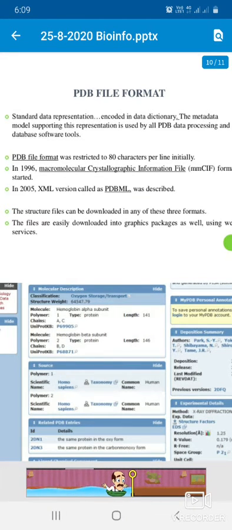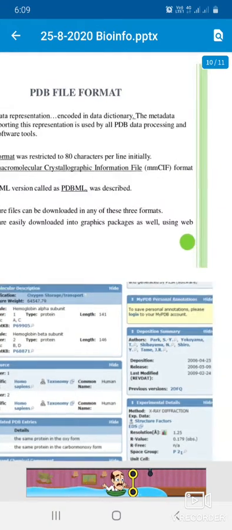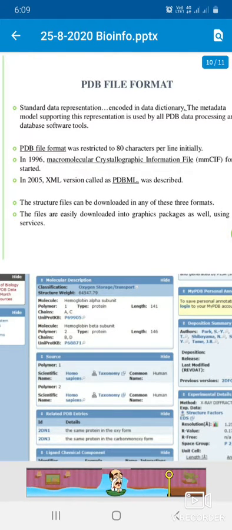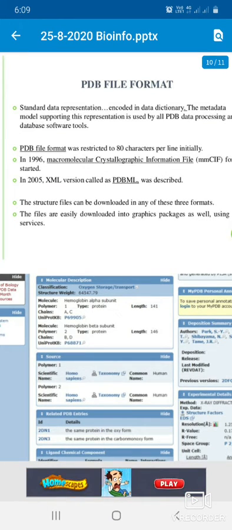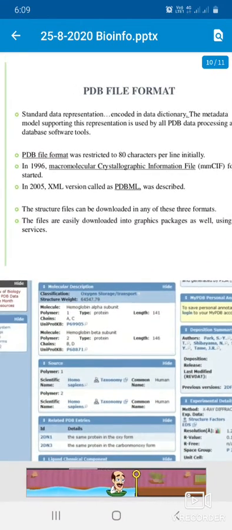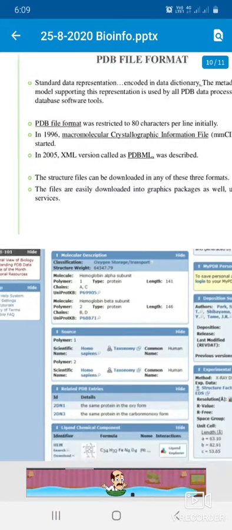In 1996, the macromolecular crystallographic information file format was started. In 2005, an XML version called Protein Data Bank in XML described the structure. Files can be downloaded in any of the three formats, and are easily downloaded into graphic packages using the web as well as web services.